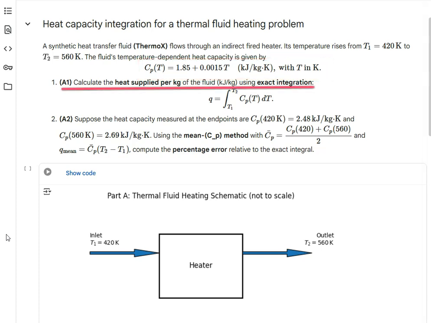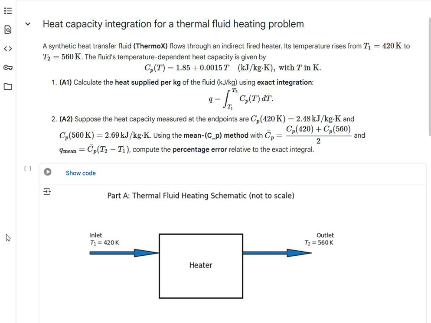We need to calculate heat supplied per kilogram of fluid using two different methods, one exact integration and another the mean Cp method, and then find the percentage error between them.